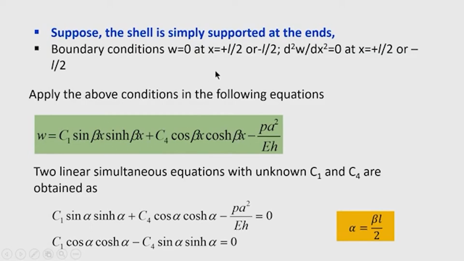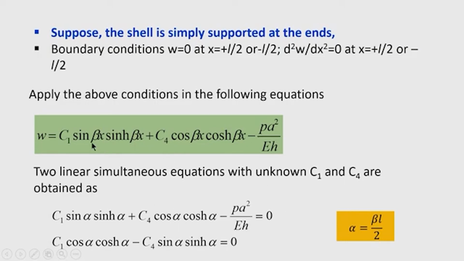Substituting this condition, we now get C 1 into sin alpha into sin h alpha plus C 4 cos alpha cos h alpha minus p s square by E h. This is from this equation, where we directly substituted x is equal to L by 2 and assumed this parameter alpha as beta L by 2.